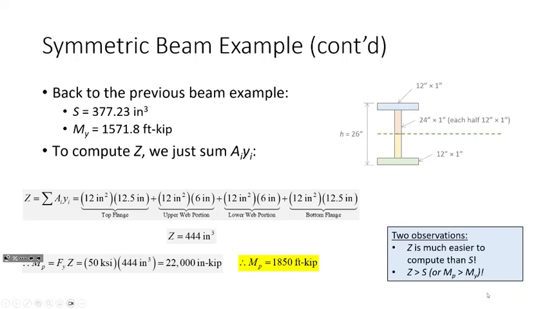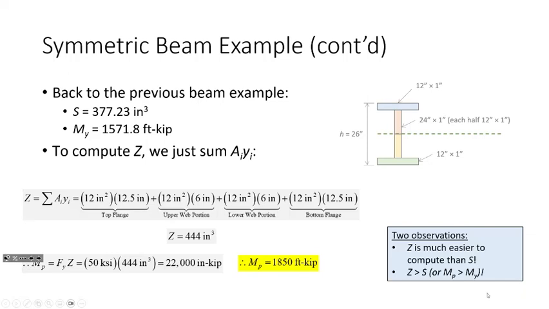So for steel, it's just find the line where the area above equals the area below. Once you find that, this is all you're doing. You're taking the area times the distance from the neutral axis. Area, distance from the neutral axis. Area, distance from the neutral axis, right? So what do we have? The area of the top flange, how far it is from the neutral axis.